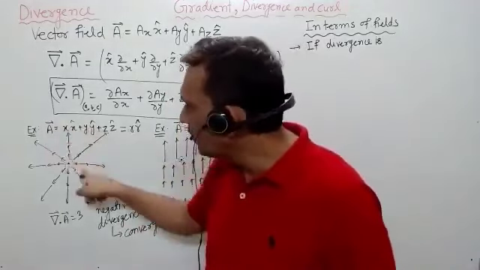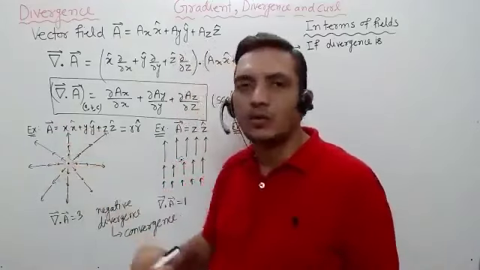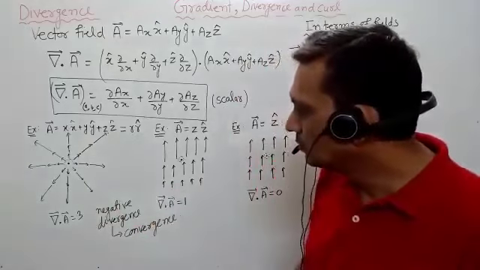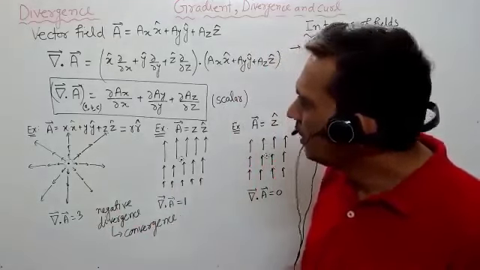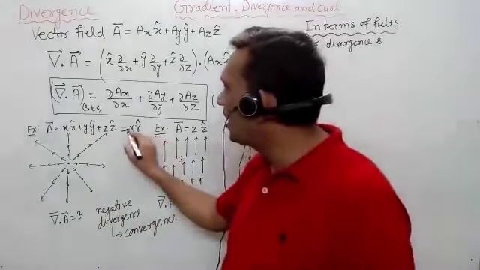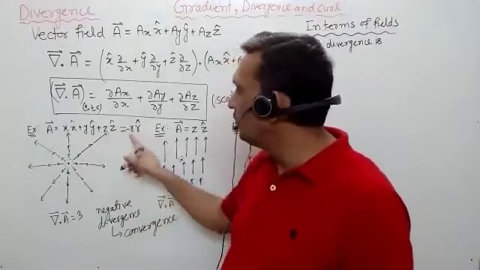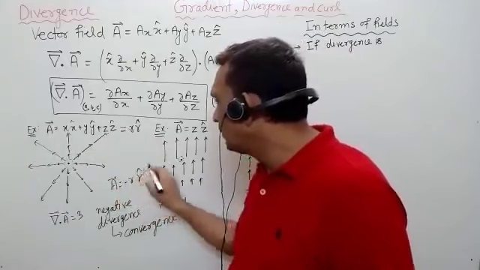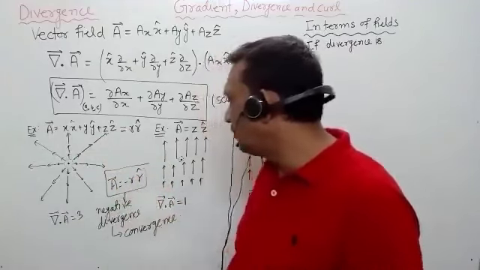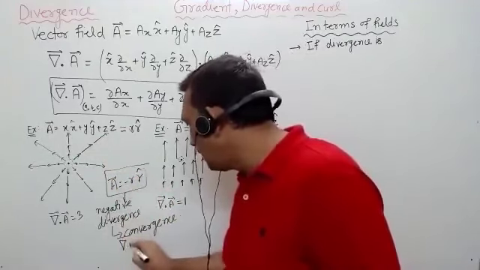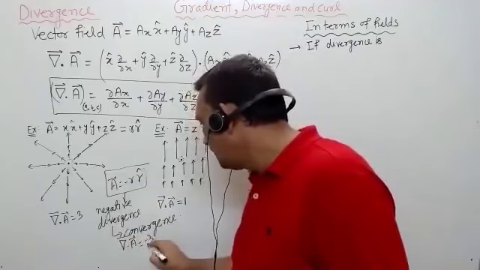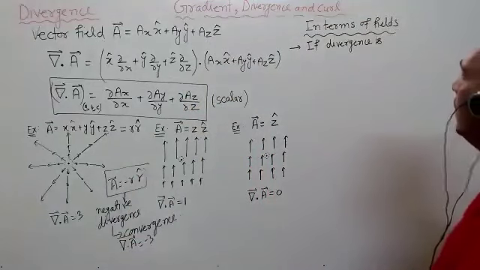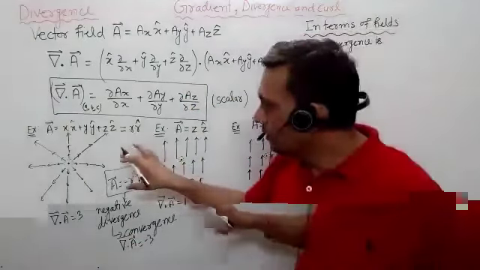The direction is opposite, so that will represent convergence around this point. So that is the negative divergence. I'm talking about magnitude. The magnitude remains the same, only the direction will be different. I am taking a different example. Let's say this is minus r r-cap. That represents the negative divergence. You will get divergence of A as minus 3. That represents the convergence. Is it clear?